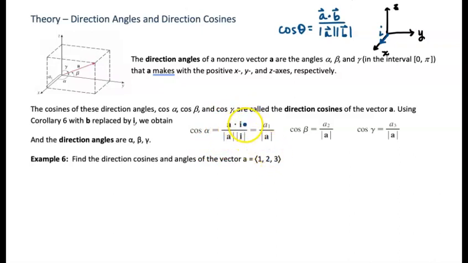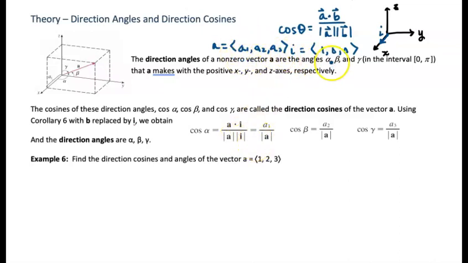Now, because a unit vector has a magnitude of 1, that's the definition of a unit vector, this magnitude of i just becomes 1. And because i really looks like the vector 1, 0, 0, you can see that when we take a dot product of A, which can be broken down in three components, A1, A2, A3, with i, we can see what happens.